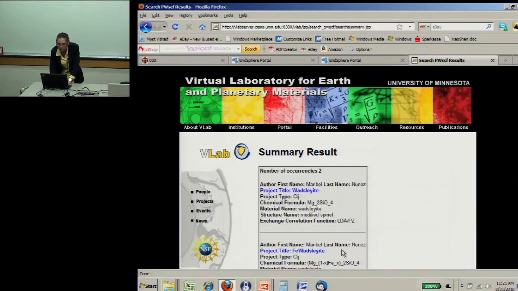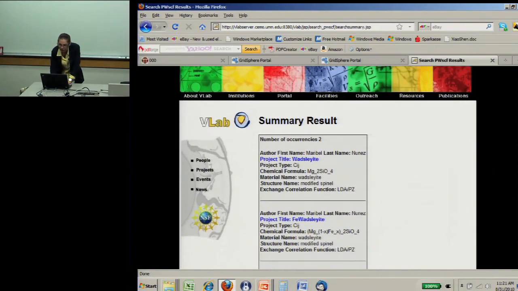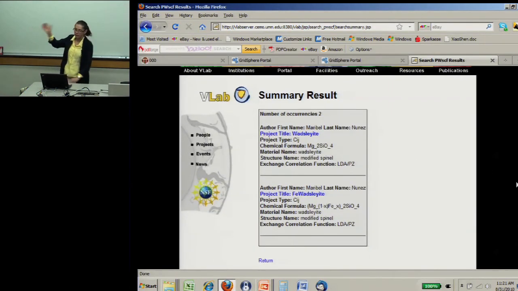So, okay, there are several projects on Wadsleyite, and they were executed by Mary Bell. Both are about elastic constants. One has iron, the other doesn't. This was done with local density approximation, and this is the way I saw her project.